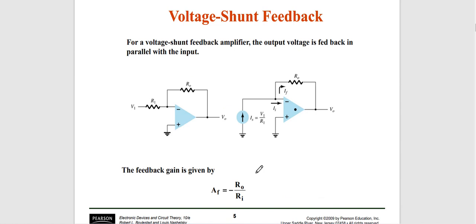The second is voltage shunt feedback. The output voltage is fed back in parallel with the input. For example, this is the input and this is the output, and we use the op-amp over there.